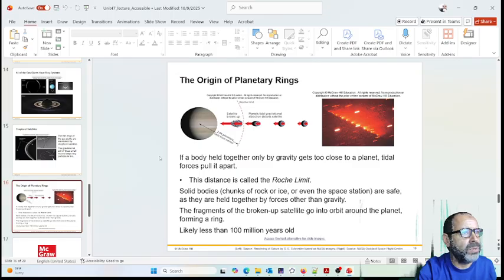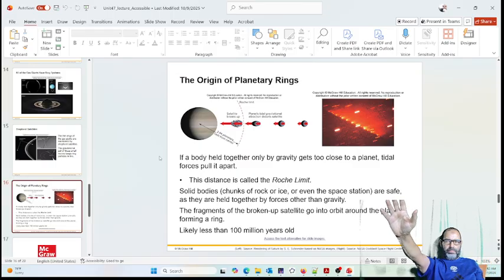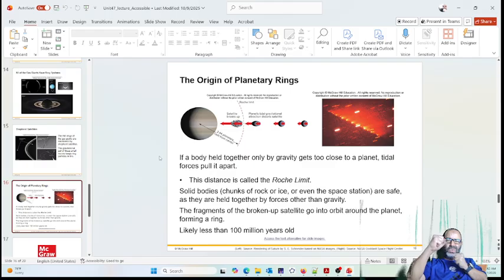How did the ring system form? If it were up to gravity and gravity alone, you bring an object held by gravity up to a certain distance, about 2.5 times the radius of the planet, called the Roche limit. If you bring it there, the inner part of the moon or satellite is pulled more than the outer part because of the force of gravity.